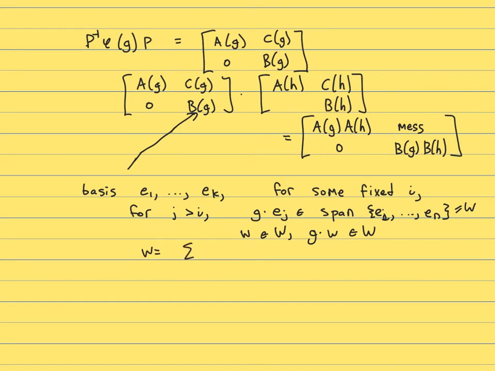Because W could be any linear combination of these vectors. G dot W is G times this summation Cj Ej. By linearity, that's just Cj times G Ej. And we already claimed each of these lies in W, so this linear combination has to as well. So now we're led to a submodule.